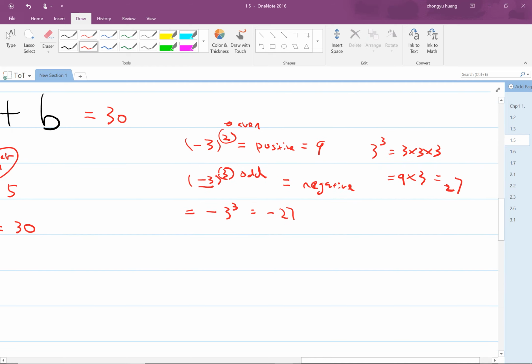But whenever you see a positive number with an even power, or a positive number with an odd power, all of those will be positive.